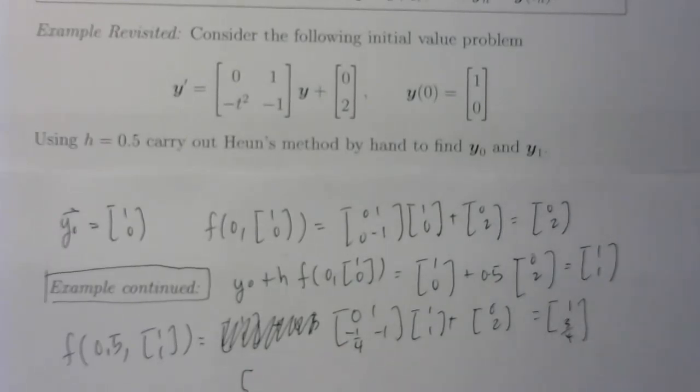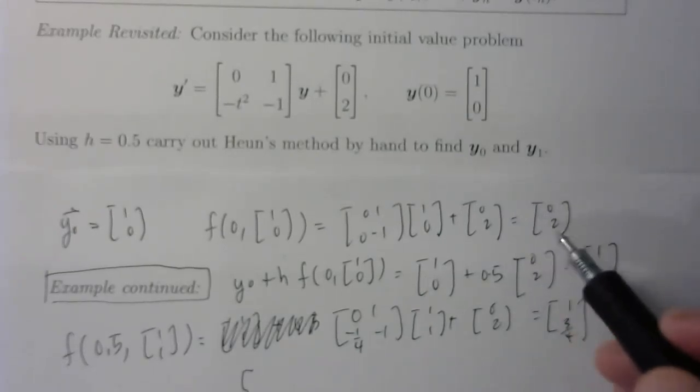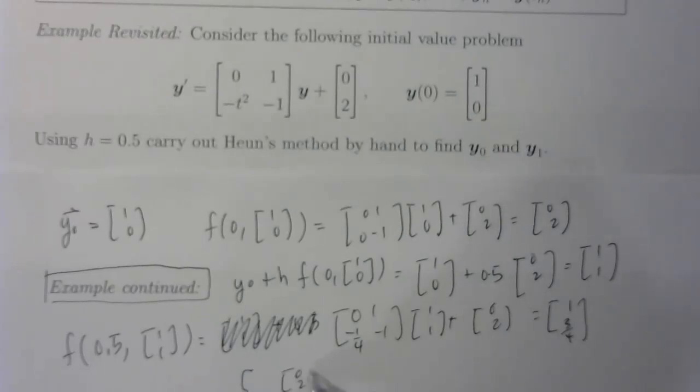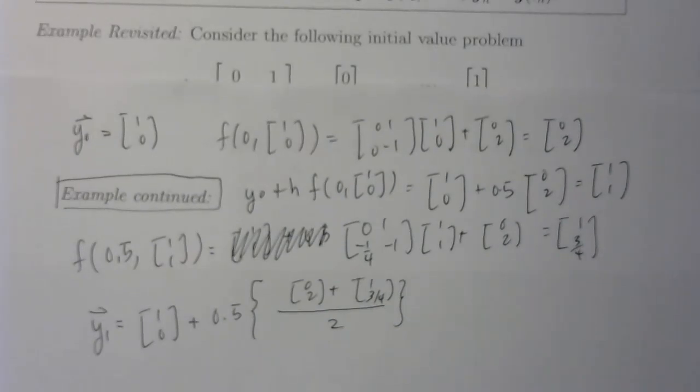We won't combine the 1/2 and the 2 just yet. Plus, times 0, 2 plus this guy, 1, 3/4. So hopefully you can see all that.